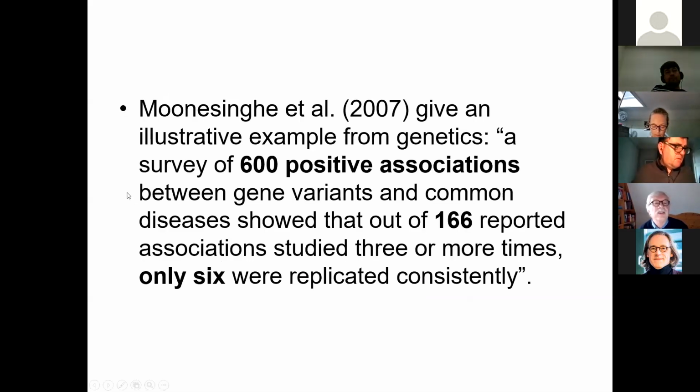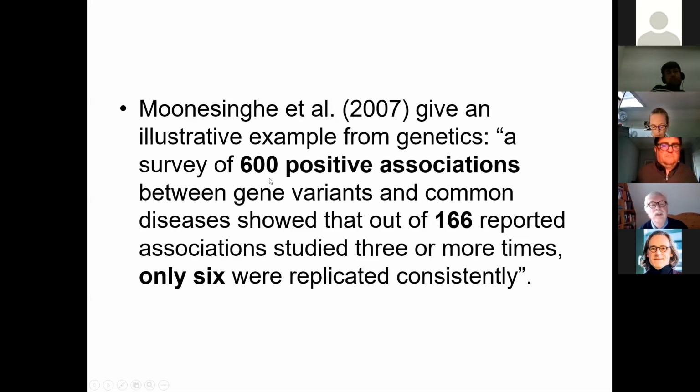There's an illustrative example from genetics. There was a survey of 600 positive associations between gene variants and common diseases. Of these, 166 reported associations were replicated three or more times, and in the end, only 6 were replicated consistently.